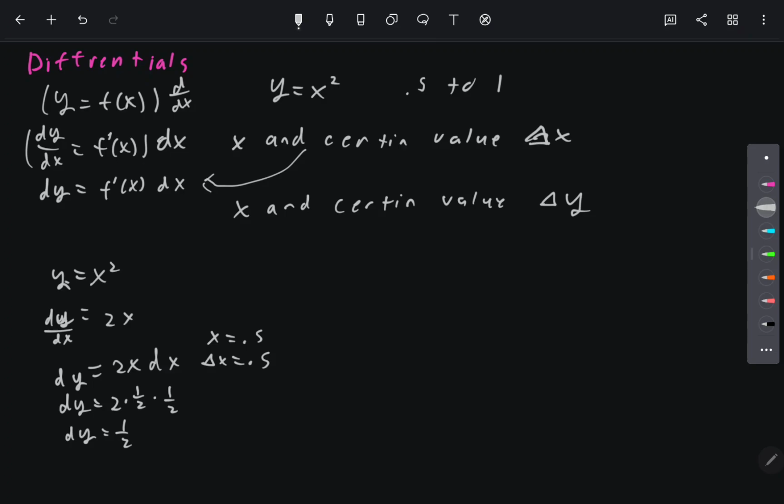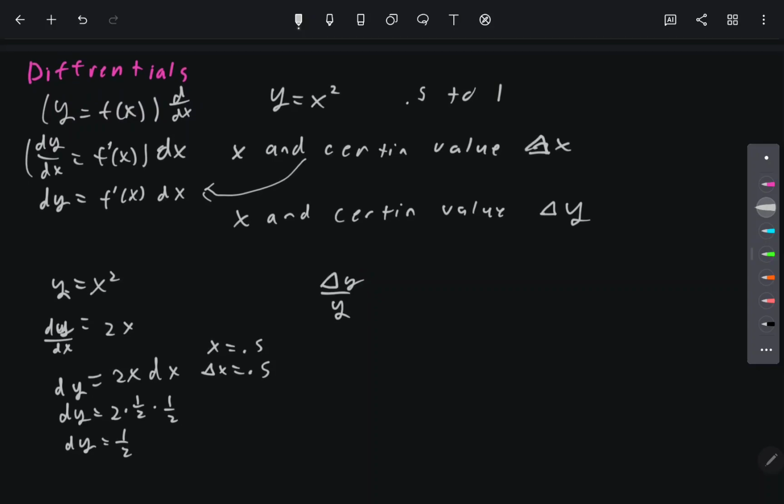Finally, if we want to know the relative error of our approximation, we can take the change in y and divide it by y. So we really get the differential of y divided by y, which in our case was 2x dx divided by x squared.